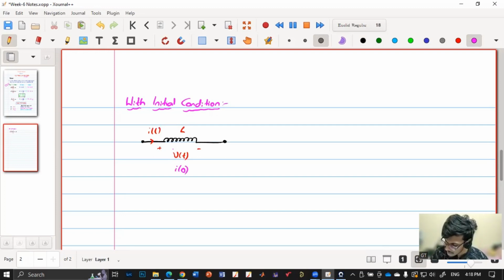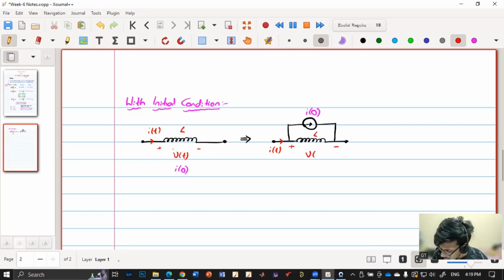Now this I can represent as an inductor with no initial condition having a current source in this way, whereas this is I of 0 and this is the inductor current, the overall solution considering the initial condition, and inductor value is L. This is plus minus V of t.